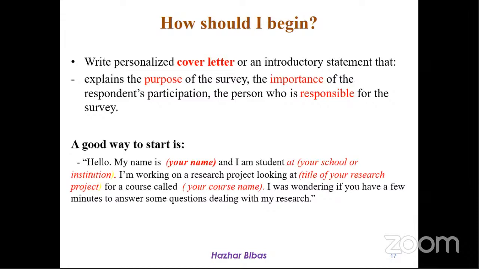If you write words like that, the responder will believe you are a scientific man or woman, believe that you are not a spy, and feel more comfortable giving you the exact or correct answer.